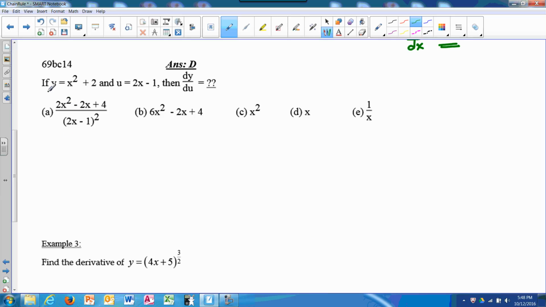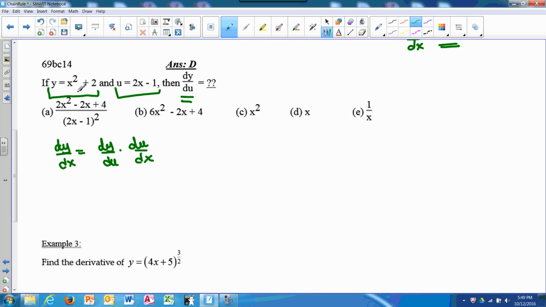Now, what that would look like in an AP problem. They're giving me y, they're giving me u, they're asking me for dy/du. That means they're asking me to recognize the dy/dx is the derivative of y in terms of u times the derivative of u in terms of x.